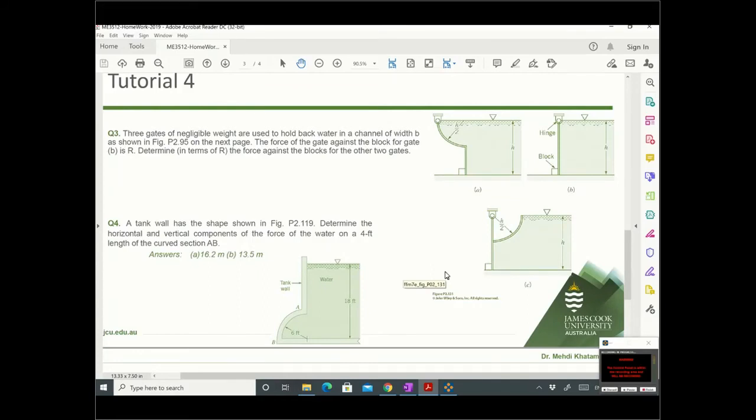Yes, there you go. Gamma, rho g h, times h times b. The question says width.